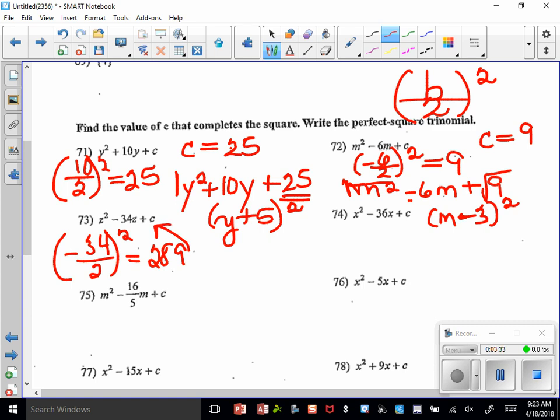What is half of negative 36? What's negative 36 divided by 2? And what is 18 squared? It is going to be a positive answer because we're squaring a negative. So what is negative 18 times negative 18? What does that give us? 324.